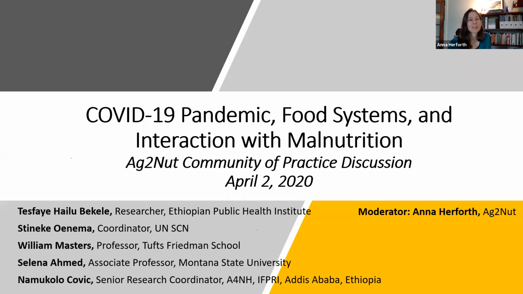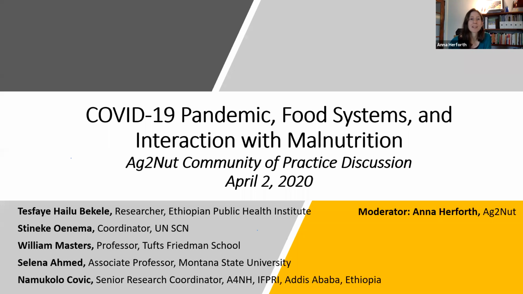So beyond just the disease itself, how can we mitigate or prevent crises for food security, for agricultural systems functioning, for poverty, and for malnutrition. So that's kind of the key question for us today.